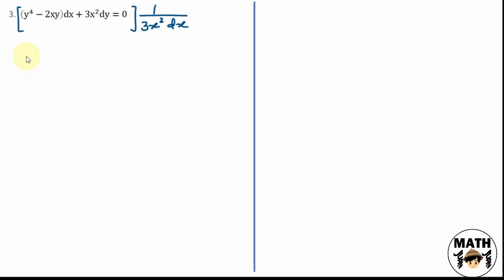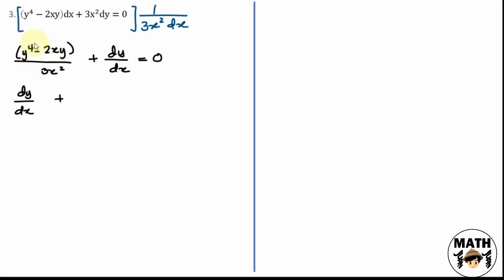From that, we'll get y to the fourth minus 2xy all over 3x squared plus derivative of y with respect to x equals 0. Then, unahin na natin isulat to. For the second term, pwede natin itong isulat as 2 fractions. Y to the fourth over 3x squared minus 2xy over 3x squared equals 0.